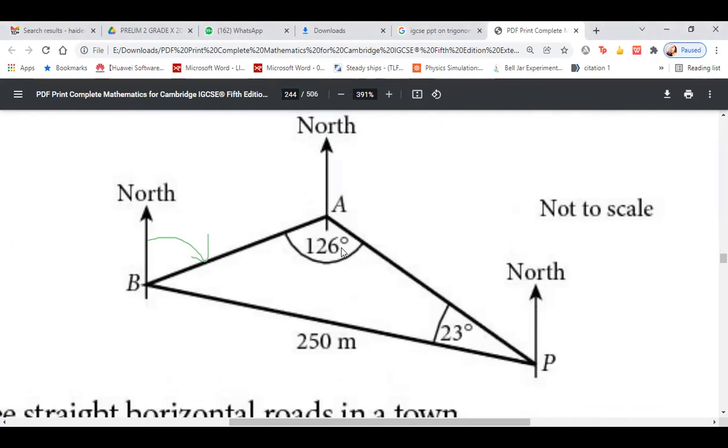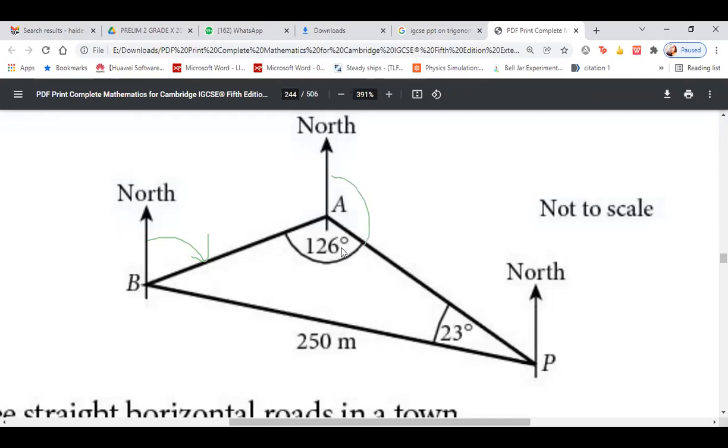How? Sir, we know 303, so using the interior angles rule I found the bearing of P from A. Bearing of P from A, that means this angle.